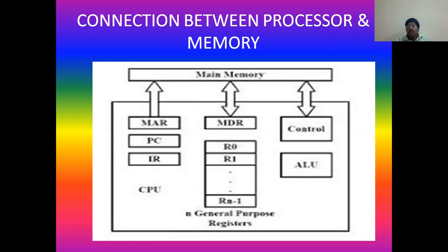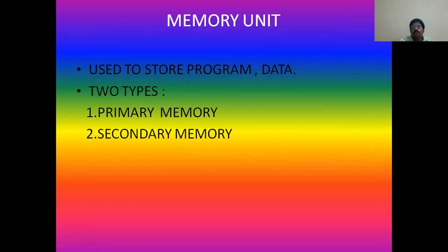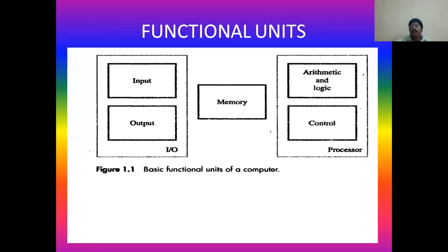Here in the central processing unit itself, they have mentioned some more components other than what we discussed in the basic block diagram 3 or 4 slides before. Once again I will show you. Here, the processor consists of only the control unit and the arithmetical and logical unit.